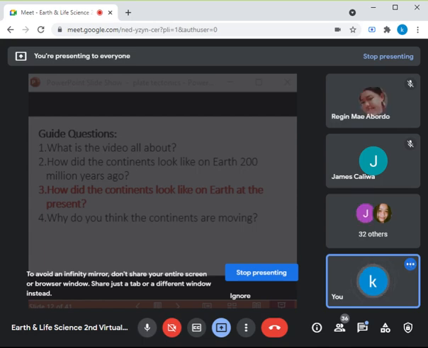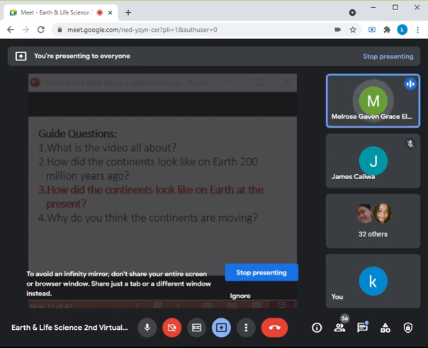Let's have Melrose. Melrose Elnas. Okay, that is correct. What else? How does it look like at the present? Is it still the same as before? Okay, very good.